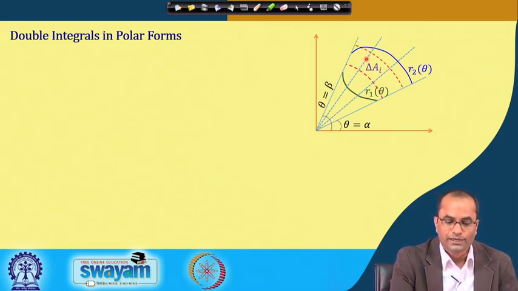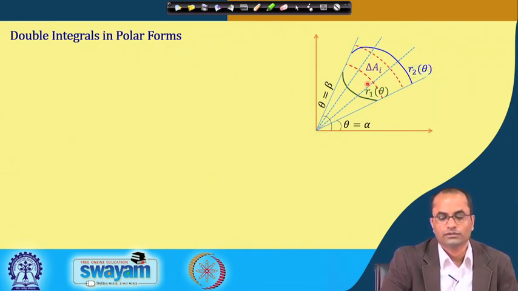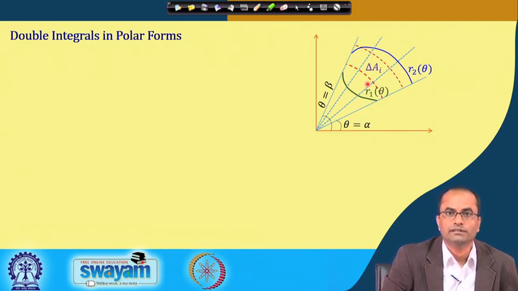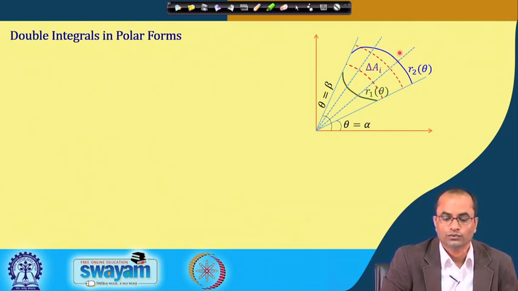So, in that situation when our domain is bounded by these two curves r 1 theta and r 2 theta, we can do the integration easily with the help of polar coordinates, because the limits for this domain are easy to evaluate. In the direction of r we are entering the domain from r 1 theta and exiting from r 2 theta.